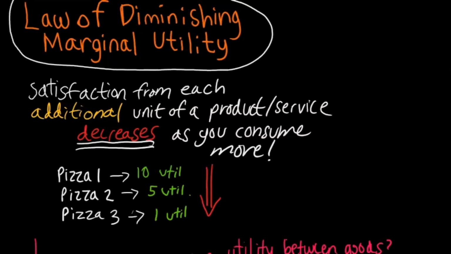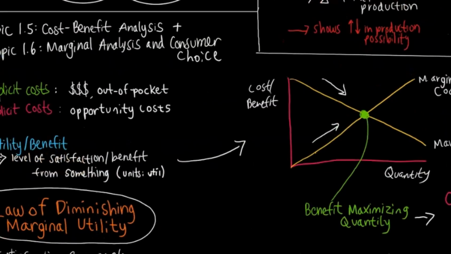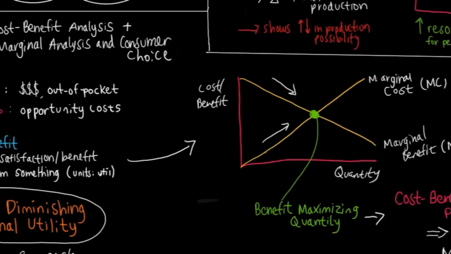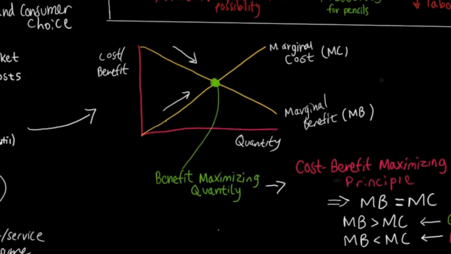But then the second slice you eat might give you half of that, right? 5 utils. Third slice gives you even less, okay? So the satisfaction from each additional unit of a certain product or service will decrease as you consume more. So we just want to understand conceptually in topic 1.5 the idea of utils and diminishing marginal utility, okay?